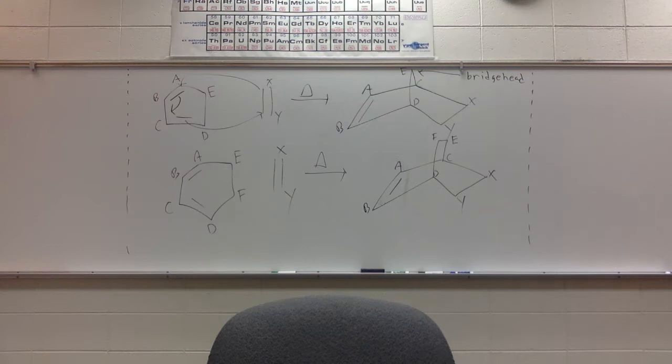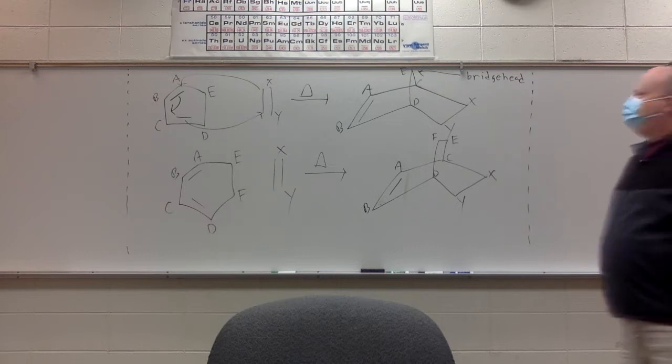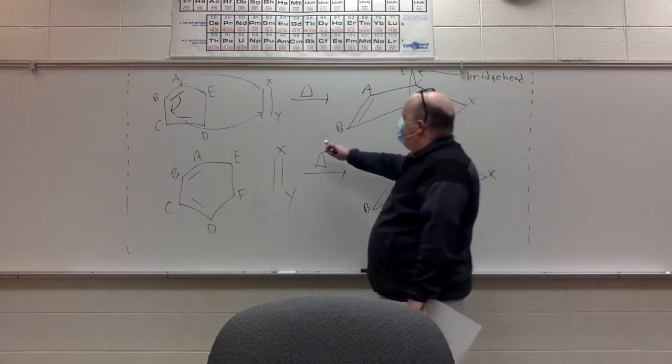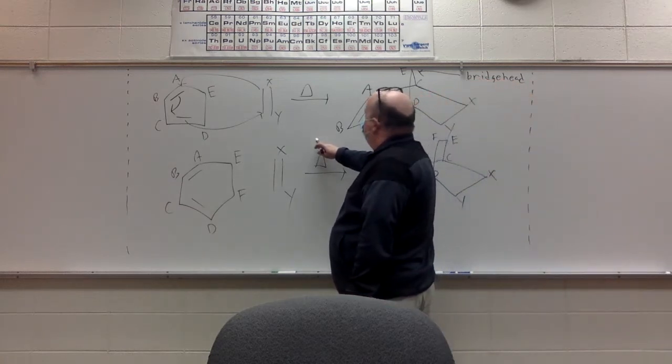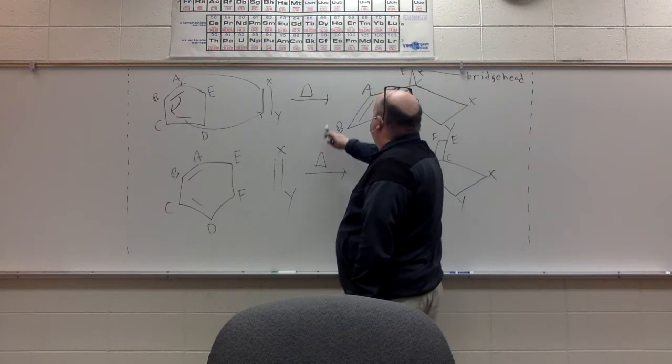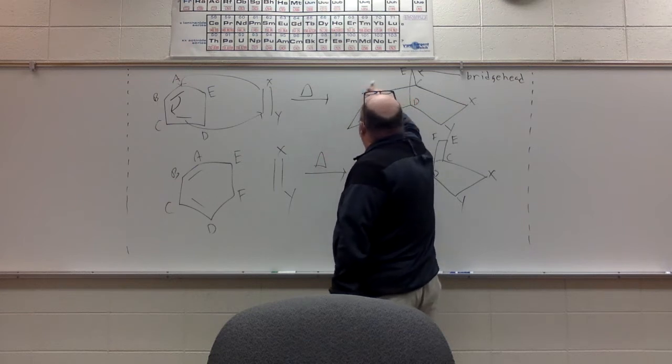On the right side, technically with the double bond between B and C, did I just label it wrong? Yeah. Oh, no! It would be A, B, C, next to the X. Yeah, yeah. Hold on.